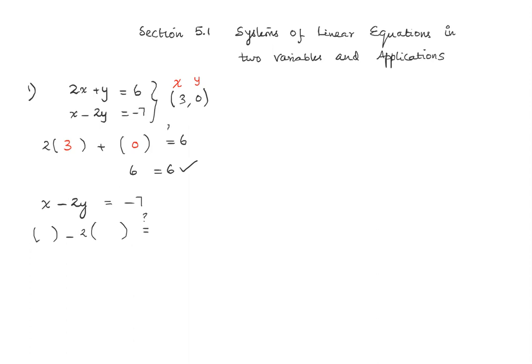We're going to check if it is equal to -7. So we get 3 equals -7, which is not true. 3 cannot be equal to -7, so it doesn't satisfy the second equation. So the answer is no, it's not a solution.